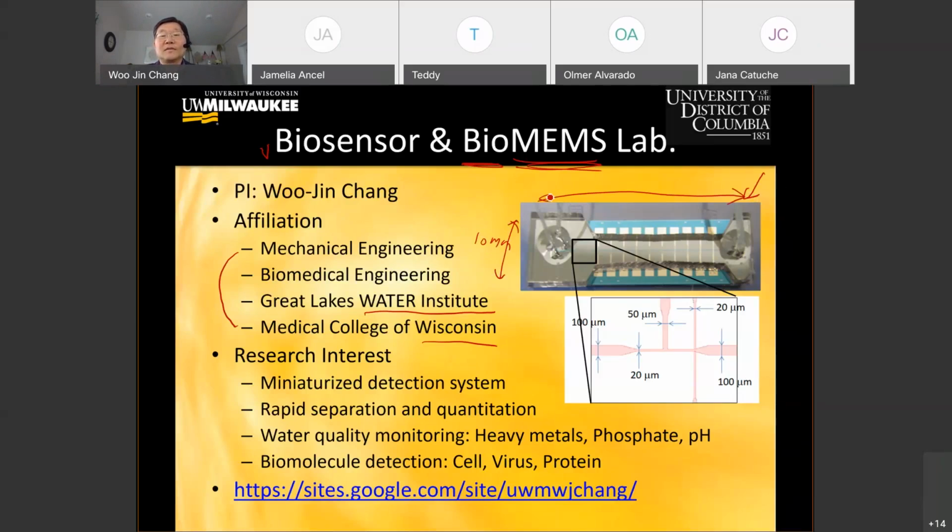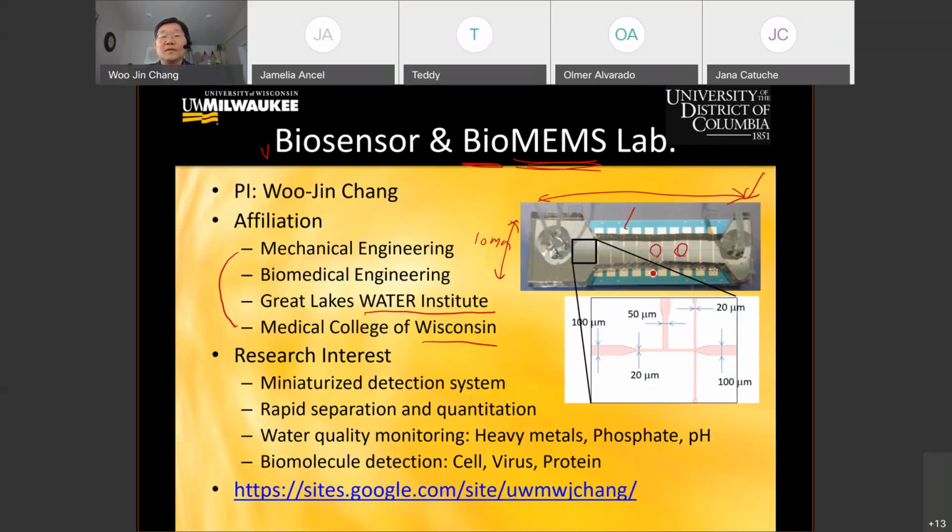This yellow area is the electrode, and this bluish area, it is not quite clear, is the microfluidic channel. It is a small channel that the water can move around in.